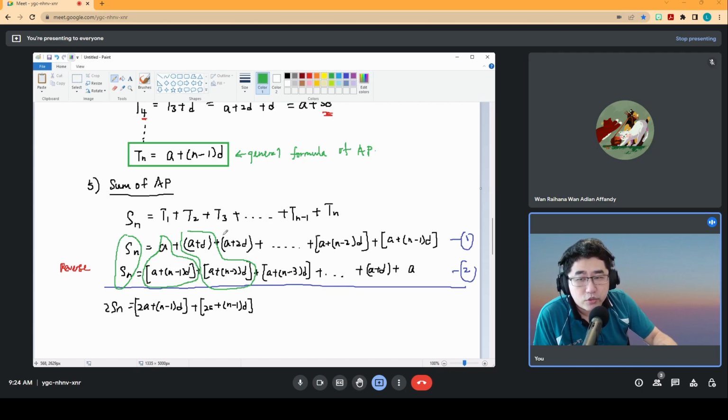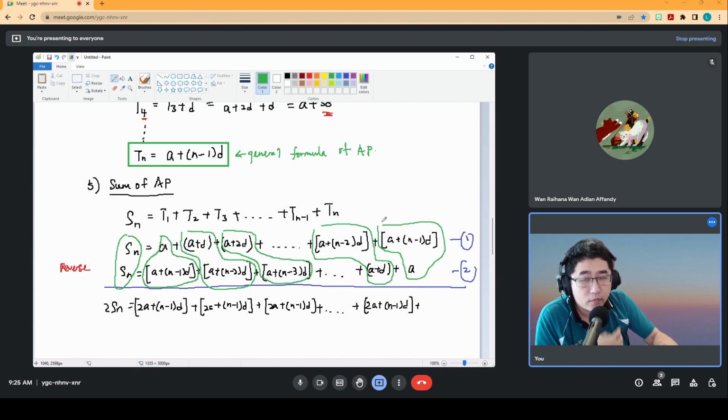Then A plus A becomes 2A, 2D plus (n minus 3)D gives (n minus 1)D. All the way to A plus (n minus 2)D plus A plus D, so I have 2A plus (n minus 1)D. And the last one, A and A, I forgot to bracket them together, 2A plus (n minus 1)D.